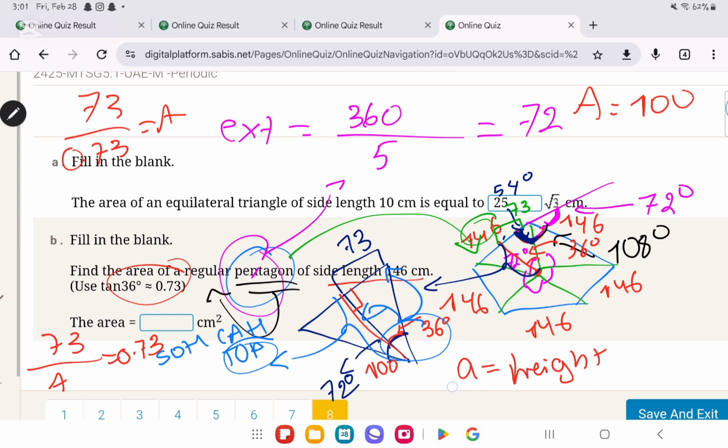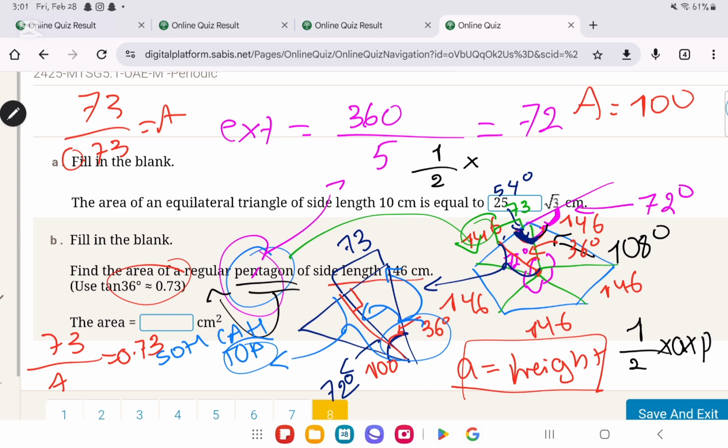And the apothem will help us in finding our area. So it will become 1 over 2 times the apothem, because the equation to find the area of any regular polygon is 1 over 2 times the apothem times the perimeter.